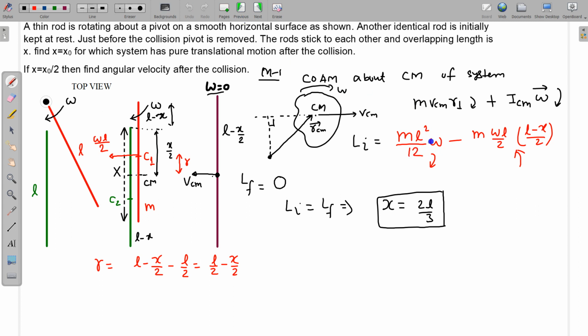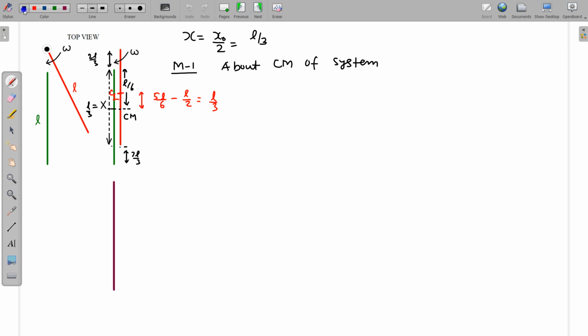L initial is ml square by 12 into omega. This is clockwise. I am taking clockwise as positive, and m omega L by 2 into L minus x by 2. This complete term I am borrowing from here. So L initial about the center of mass will be ml square by 12 into omega minus m omega L by 2 into L minus x by 2.